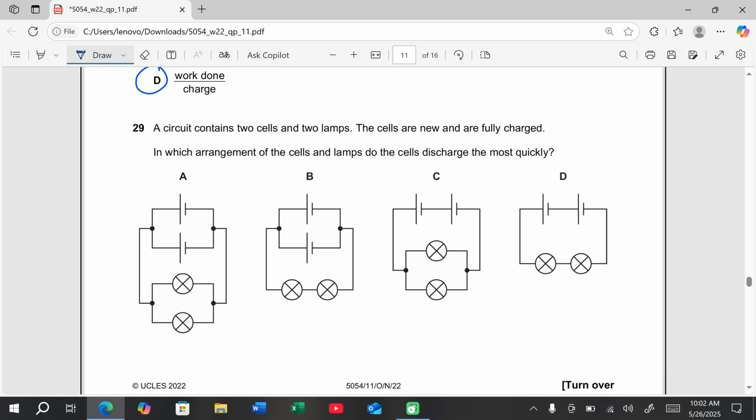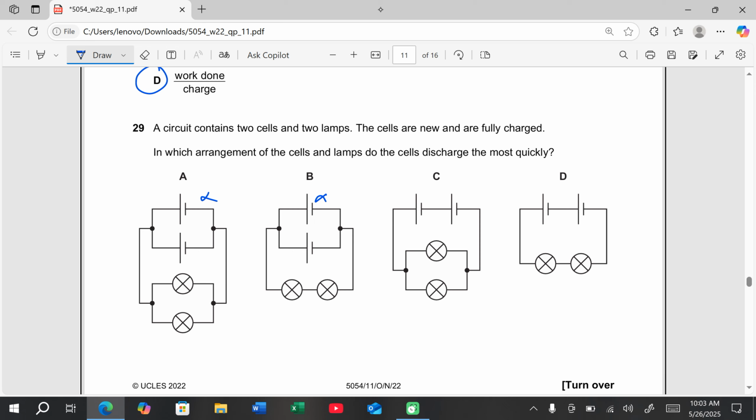The circuit contains 2 cells and 2 lamps. The cells are new and fully charged. In which arrangement of the cells and lamps do the cells discharge most quickly? Right. First of all, if it says discharge most quickly, parallel ones don't. They take longer to discharge. So it should be in series, yes.